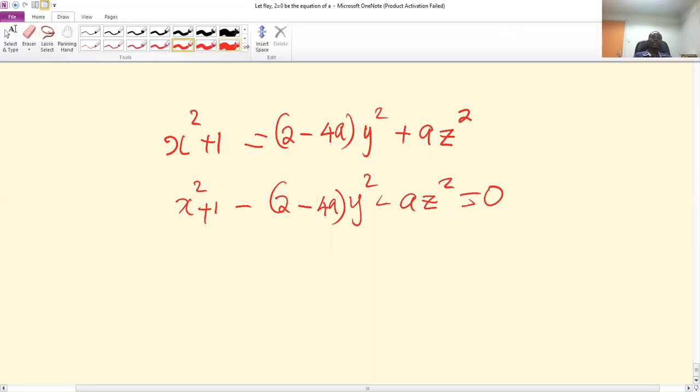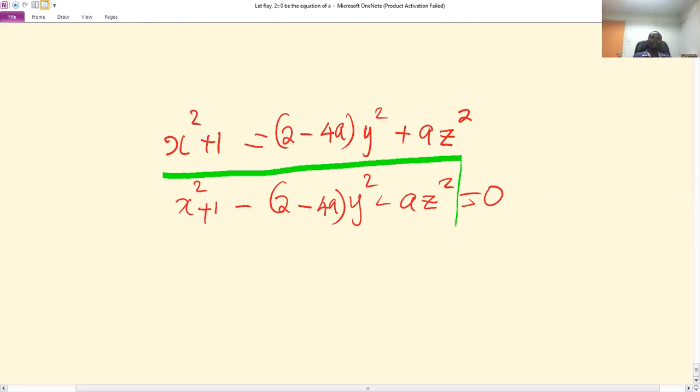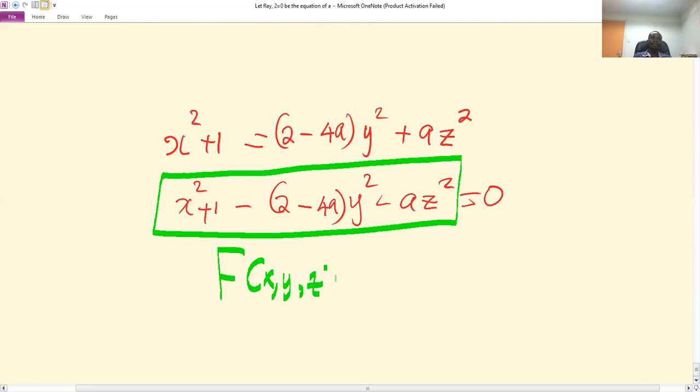Now what we get on the left hand side, this one we call capital F of x, y, z.